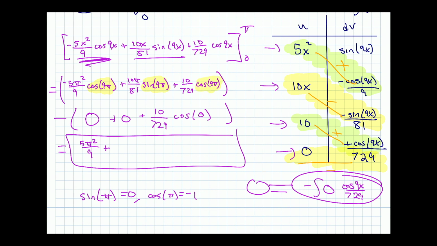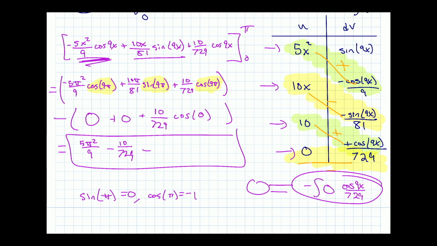But then you've got the cosine of 9 pi there. Cosine 9 pi is negative 1 again, so we get negative 10 over 729. And then on the last row we got minus cosine 0.